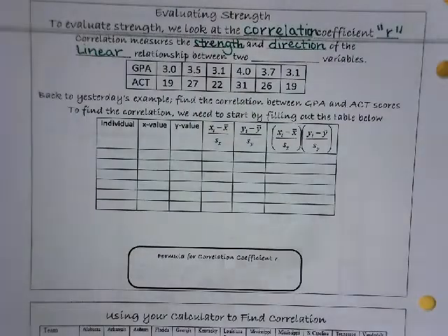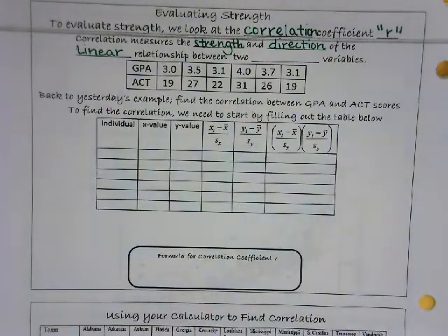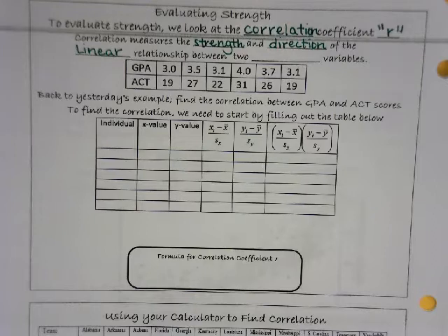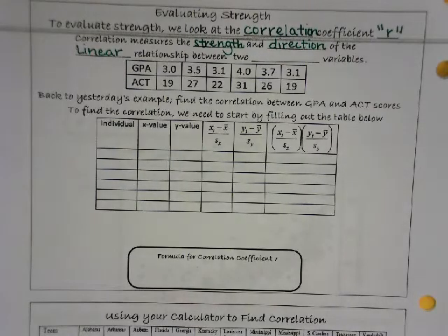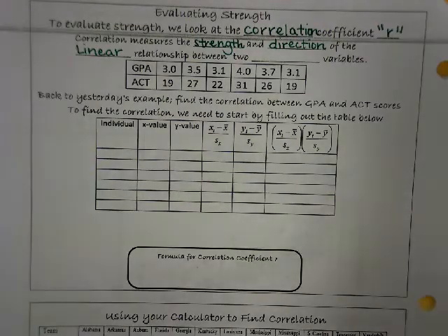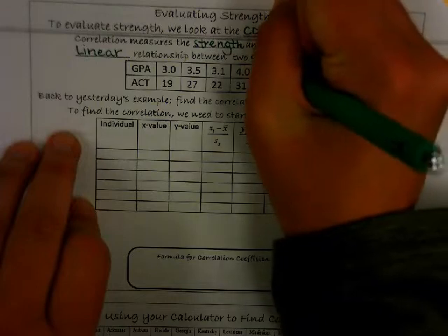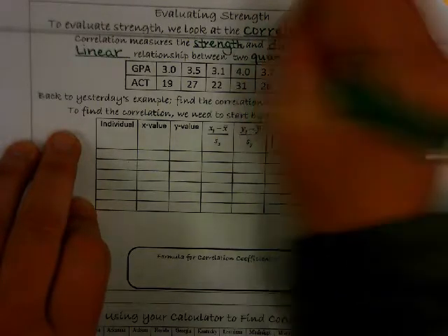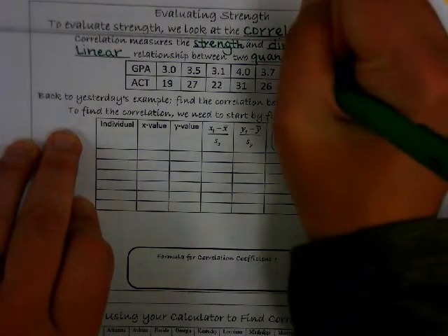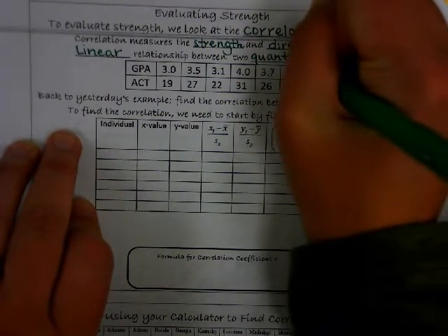If your relationship is curved, the calculator will still give you an R value, but it's not a good measurement of the strength because it's curved. R is for linear, and we're looking at two quantitative variables.